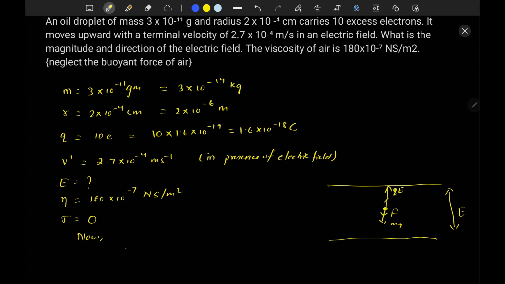So our equilibrium equation will be QE is equal to mg plus F.